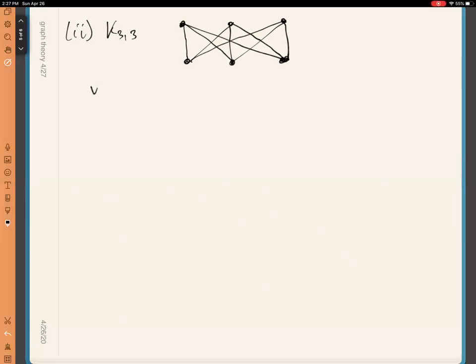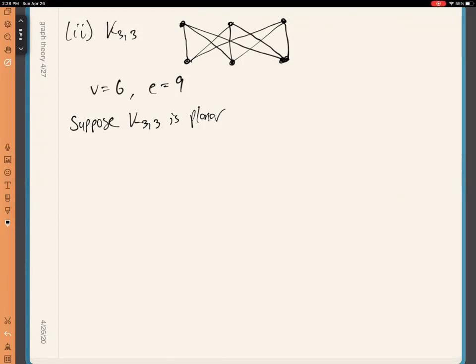Well, how many vertices do we have? We have 6 vertices. And you can also check that the number of edges is equal to 9. And so what we're going to do now is a similar argument. So let's suppose it is planar. Meaning, well, of course, the picture I drew here has obviously lots of edges crossing. But remember, in order for it to be planar, there just has to be some way to draw it with no edges crossing.